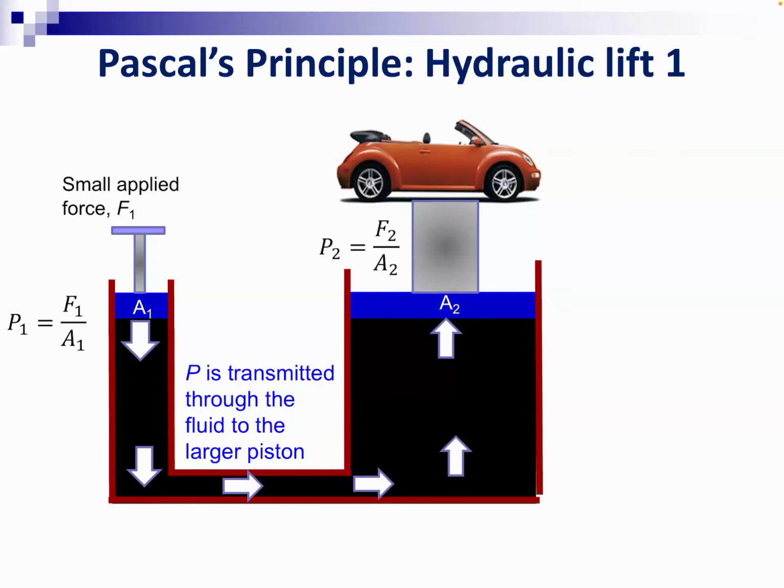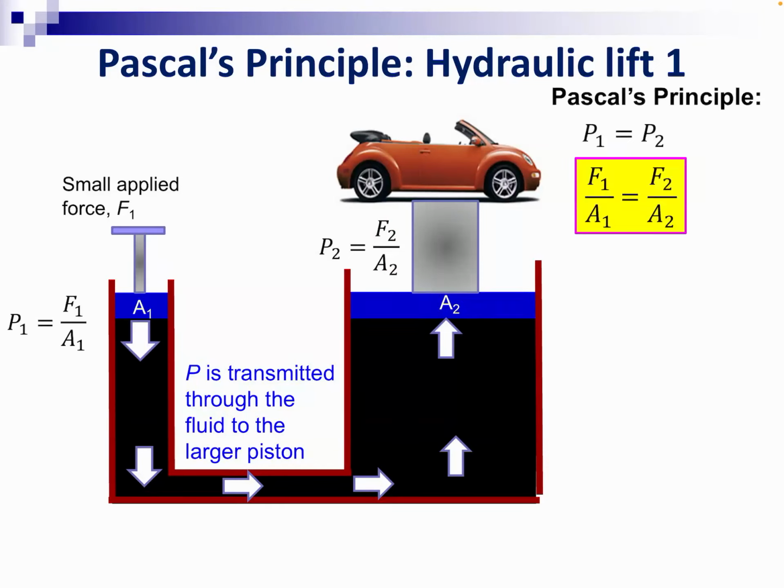So the pressure at area A2 will be the force divided by the area A2. And according to Pascal's principle, whatever extra pressure was exerted in A1 will be transmitted undiminished throughout the fluids, including the walls of the lift, and also including the area A2. So area A2 will also feel the same amount of extra pressure that was injected in area A1.